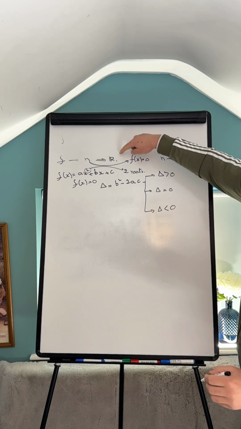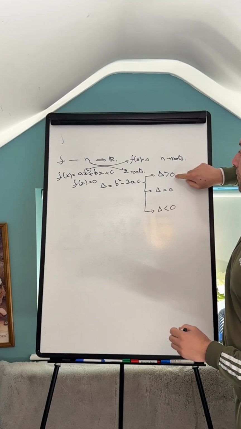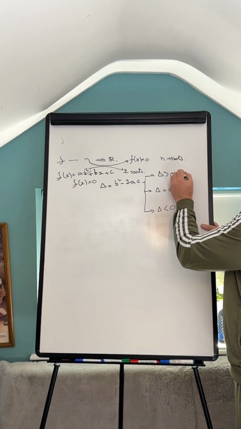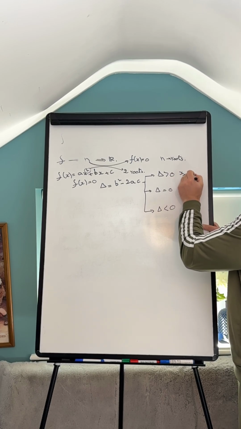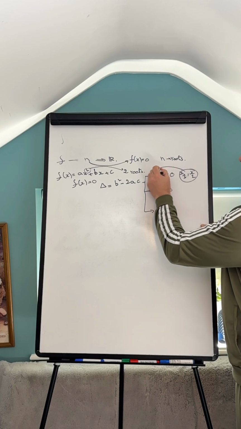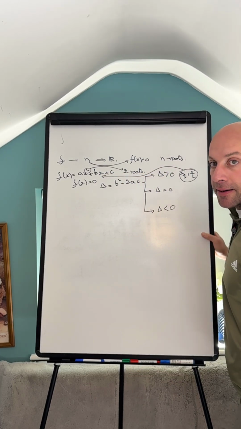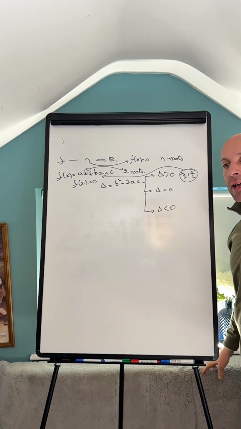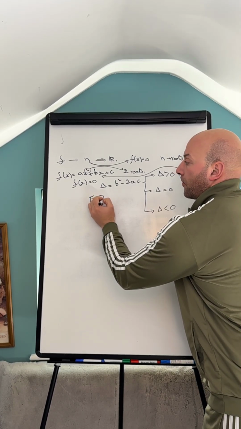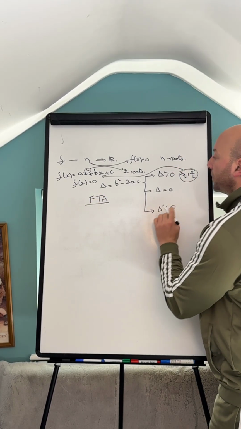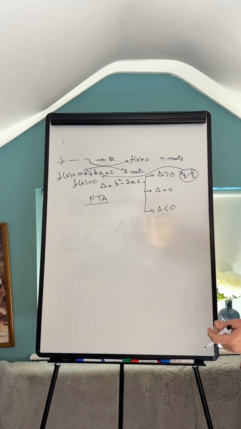In real numbers, in R, if delta is positive, we can get 2 roots. We are completely fine with our function here. In our fundamental theorem of algebra, we can get 2 solutions, x1 and x2.